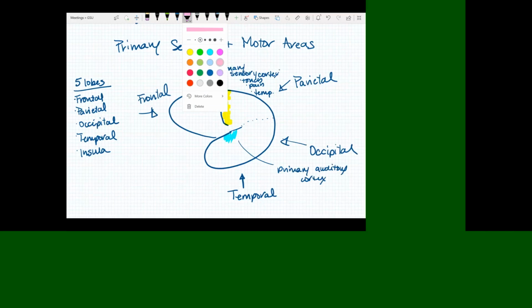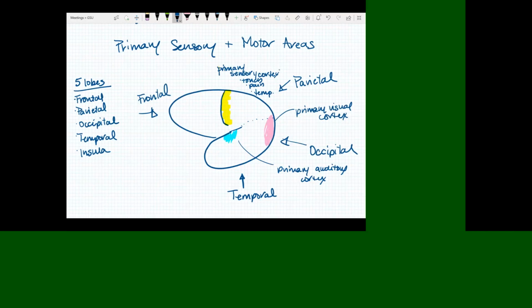Then you'll also have another sensory area where you're going to process visual information from your eyes. That's going to be back here in the back part of the occipital lobe. This will be your primary visual cortex. You have a couple other primary sensory cortexes right around here in the parietal lobe.